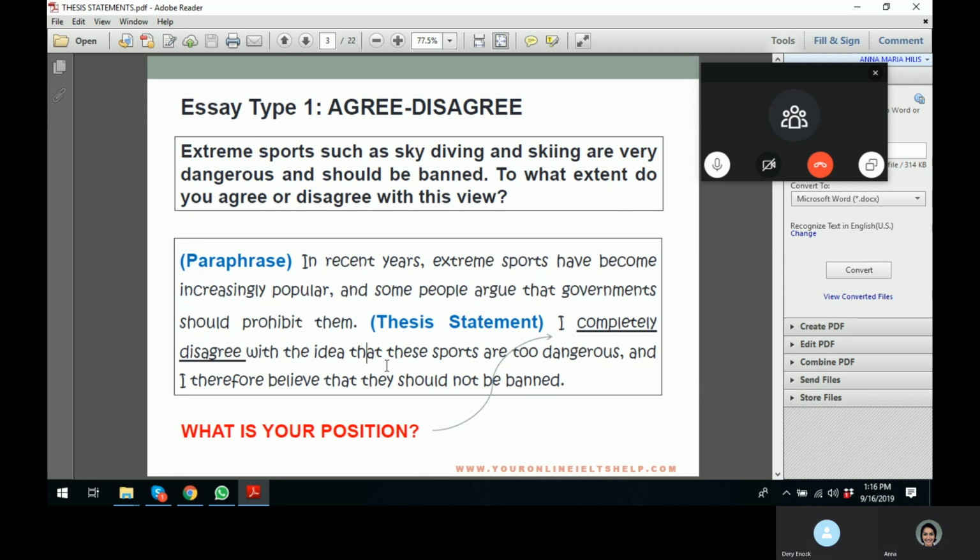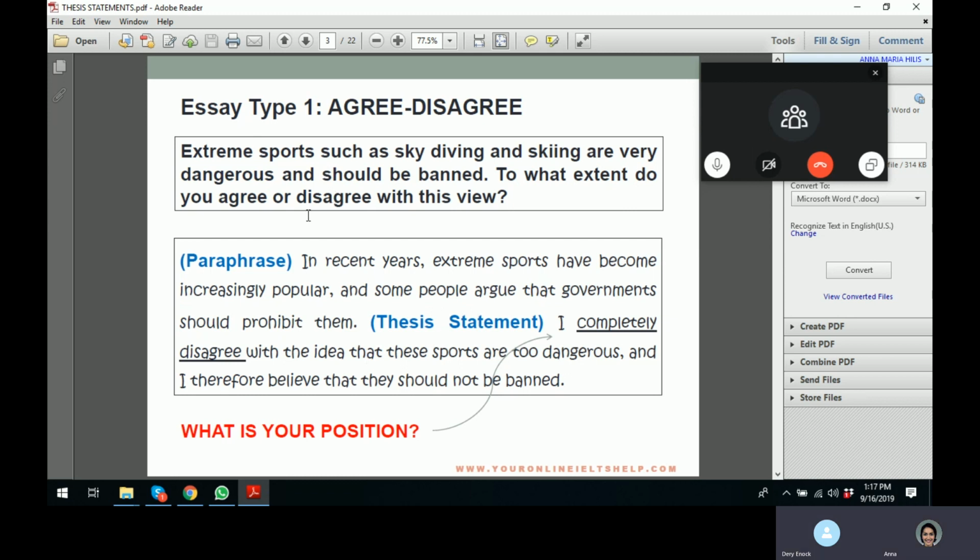In recent years, extreme sports have become increasingly popular, and some people argue that government should prohibit them. Thesis statement: I completely agree with the idea that these sports are too dangerous, and I therefore believe that they should not be banned.